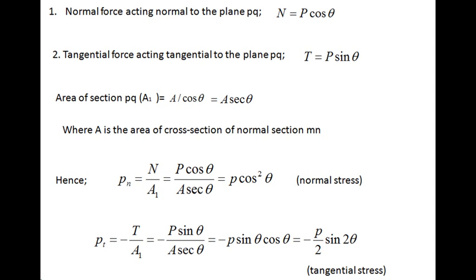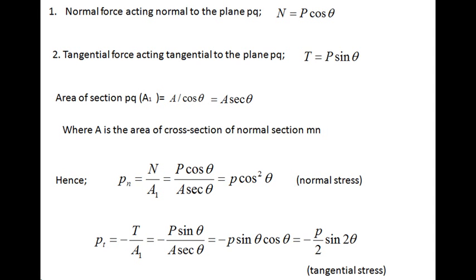We resolve the resultant into two components: N, which is equal to P cos theta, and T, which is equal to P sin theta. These normal and tangential force components produce normal and tangential stresses.